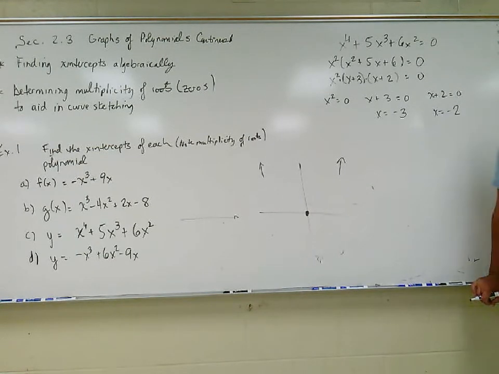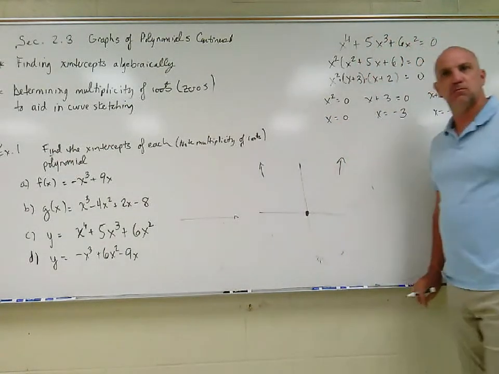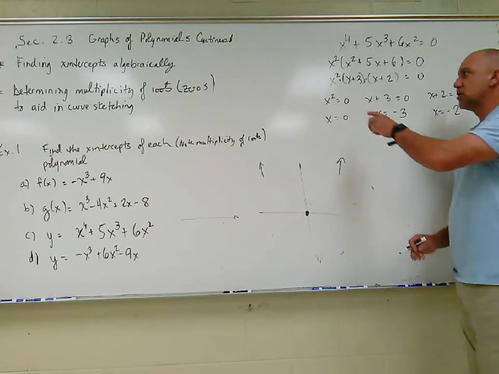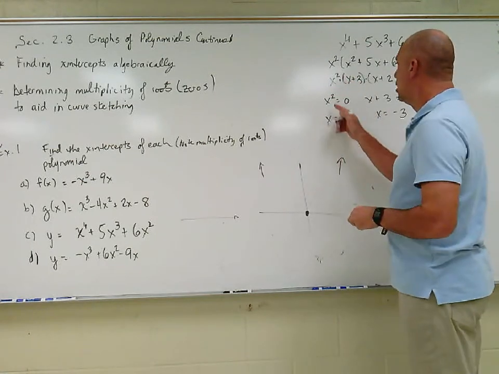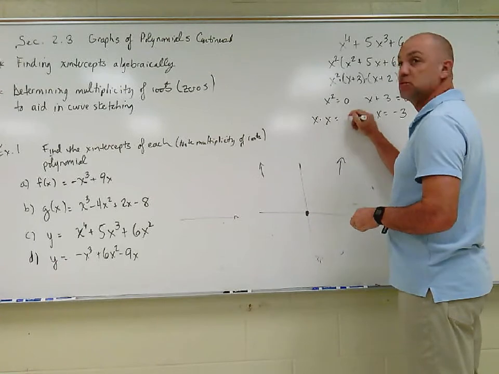But technically there's 4. So can somebody explain to me where's the 4th answer? Well, you got 2 zeros like on the last one. We have 2 x's. Yeah, this is actually plus or minus. If you look at it two ways. One way is you could have just factored x squared and made it x times x equals 0.